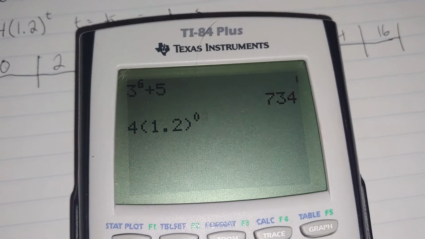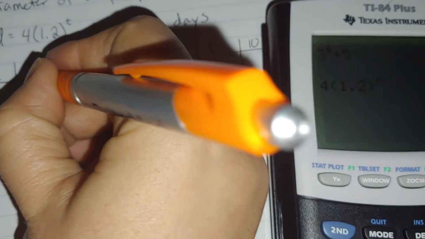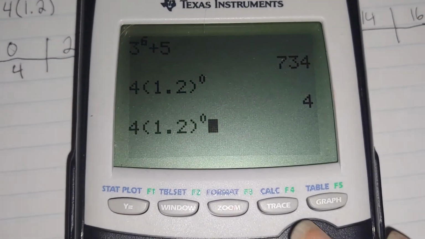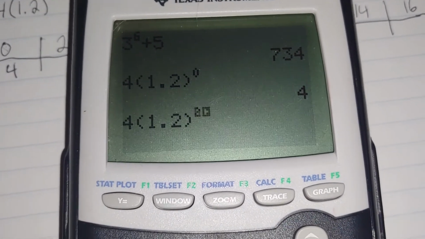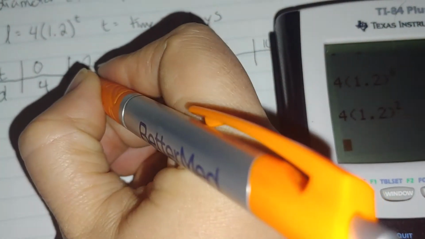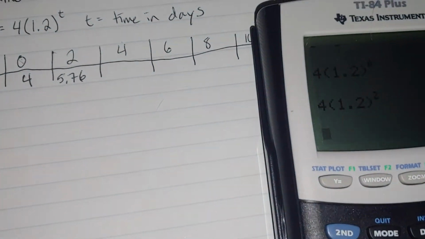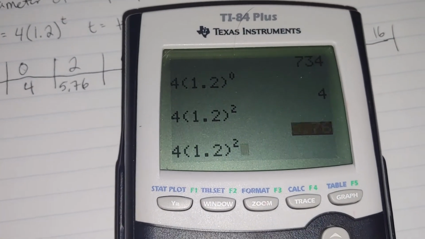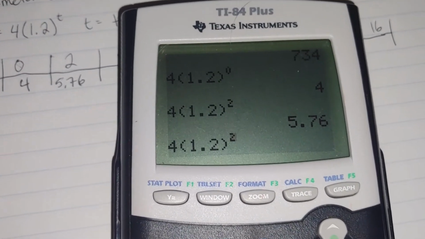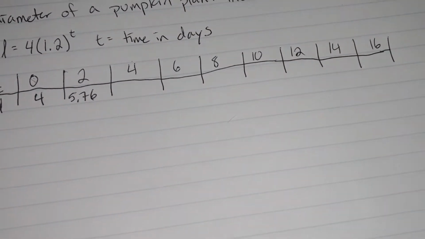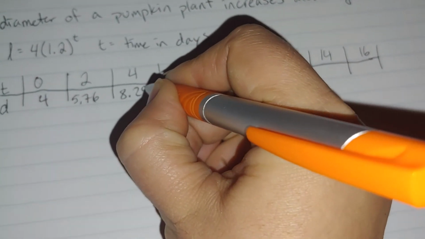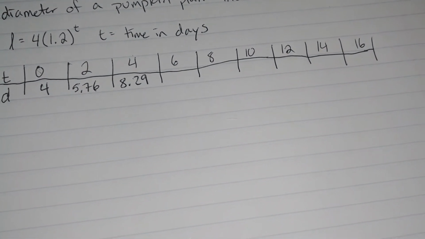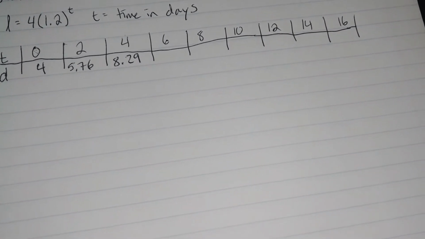To the 0. That's 4. So when I first start measuring, it's at 4. Then I'm going to check it for 2. 5.76. And then 4, 8.29, etc.